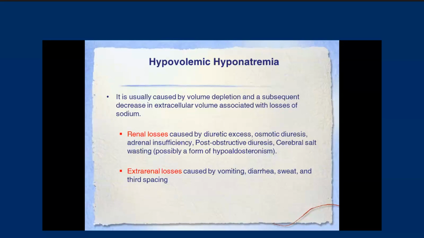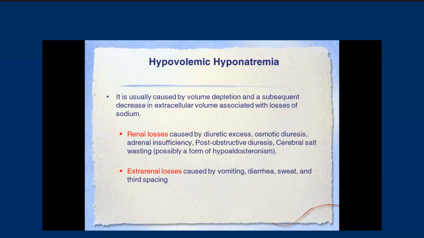The other causes are renal causes. So renal losses can be due to diuretics, and the commonest diuretics are thiazide diuretics. It is assumed that thiazide diuretics directly induce the release of vasopressin, or increase the response of the collecting duct to circulating vasopressin.